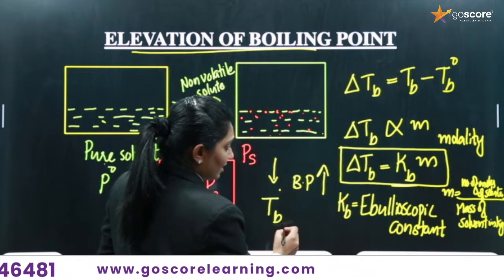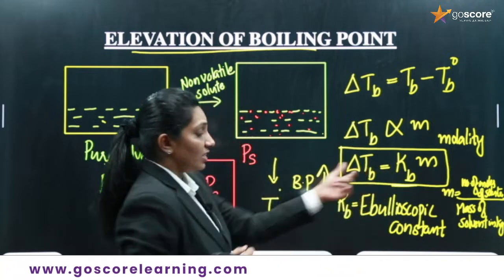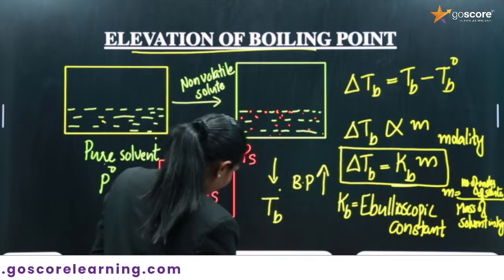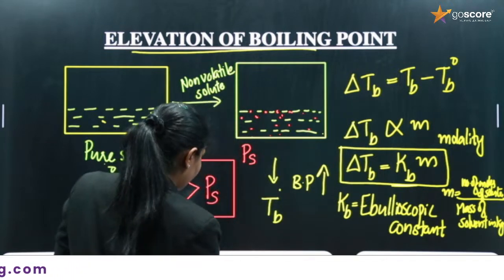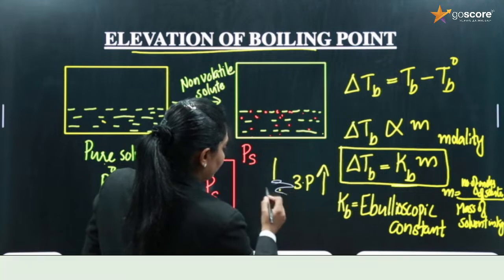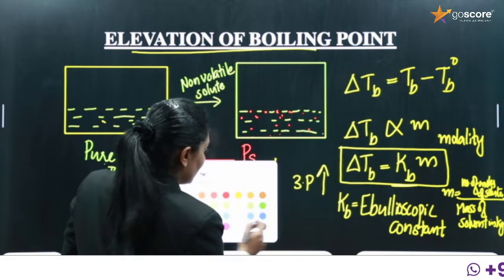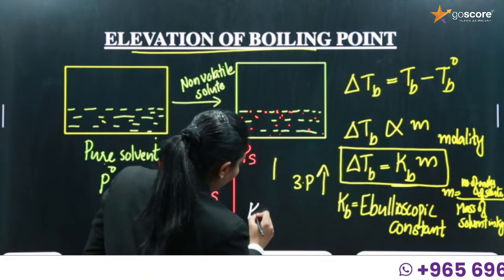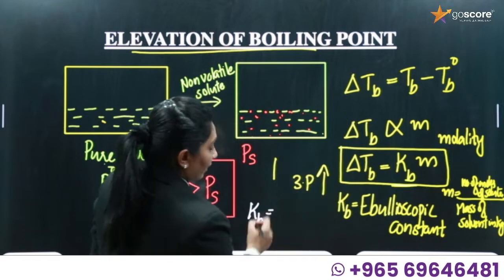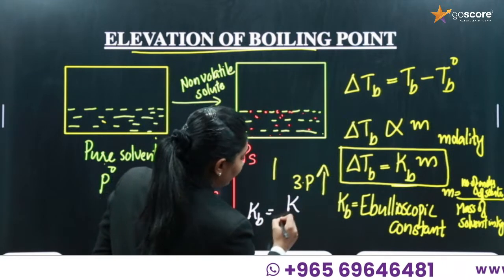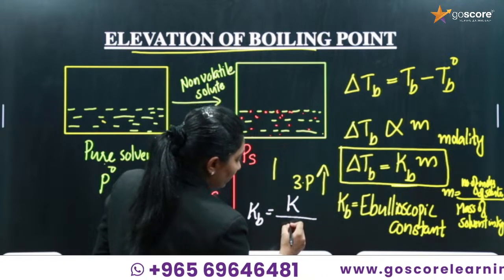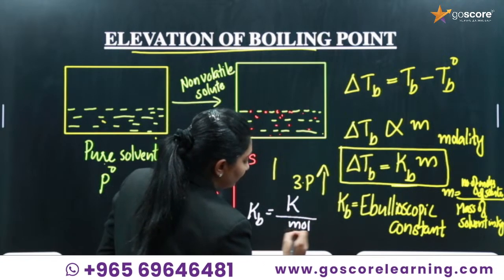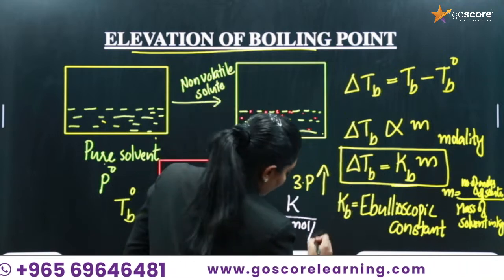Kb is the change in temperature, that is Kelvin, divided by molality, which is number of moles of solute per kg.